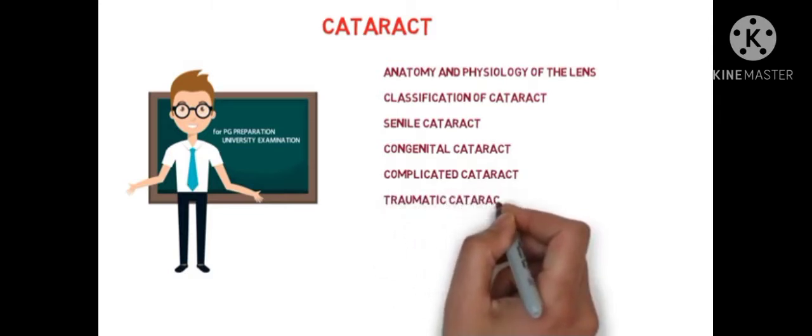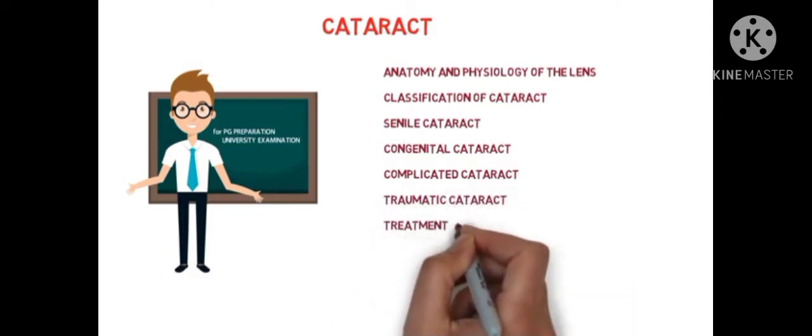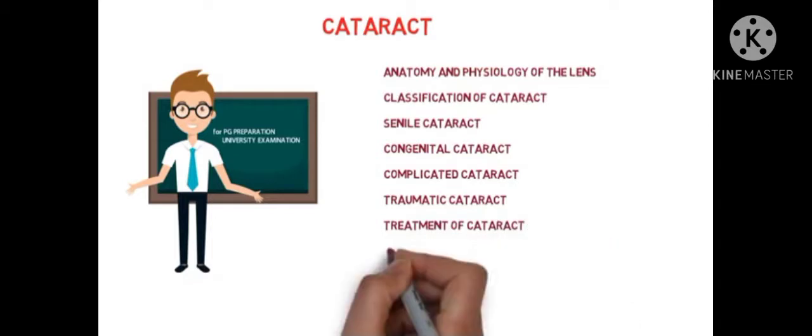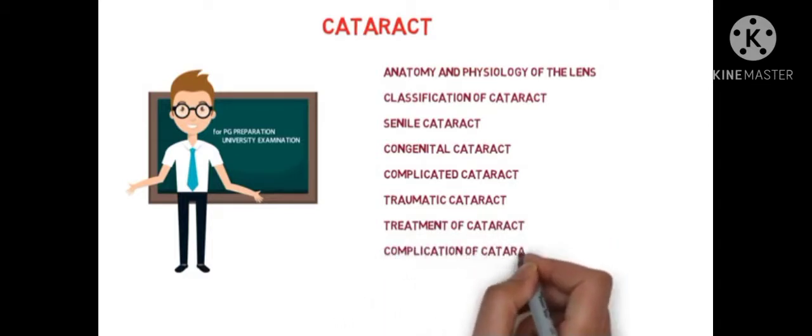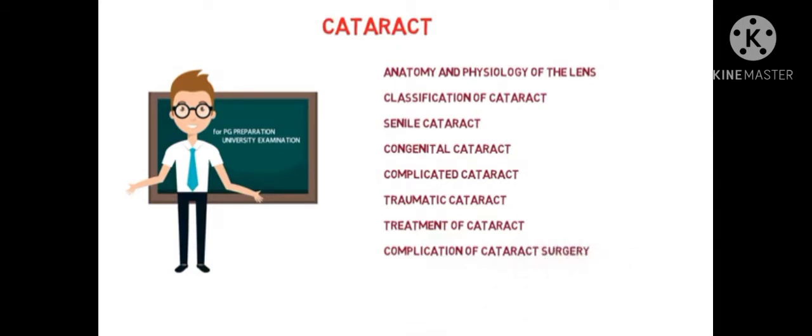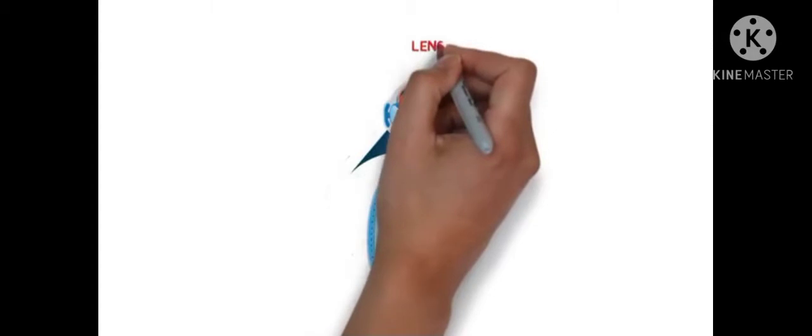After that, we are going to discuss the treatment of cataract, that is, cataract surgery. And after that, we are going to discuss the complications of cataract surgery. We are going to cover all the important points for your PG preparation like applied anatomy, physiology and biochemistry.